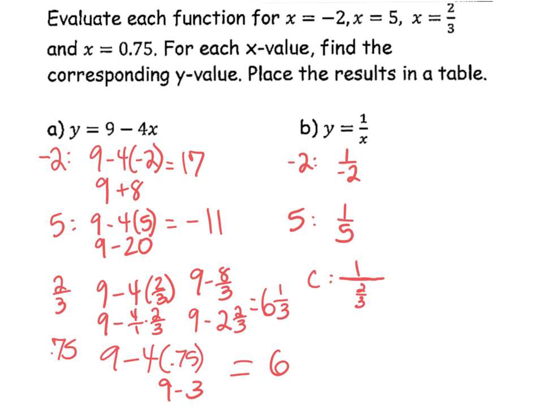How do I get rid of the 2/3? By multiplying top and bottom by 3 over 2, because I don't want a fraction in the denominator of a fraction. That's just too crazy. Yay, the 2's cancel. The 3's cancel. The only thing I have on top is 1 times 3 halves. So your answer is just 3 halves.